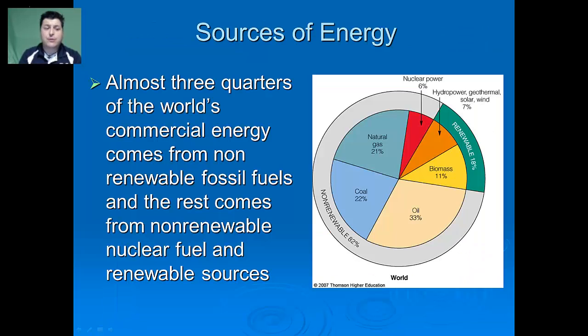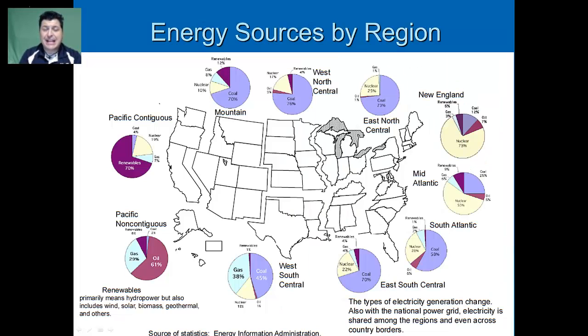Now, almost 3/4 of the world's commercial energy comes from non-renewable fossil fuels, where the rest will actually come from non-renewable nuclear fuel and then other renewable resources. Energy use in the United States actually varies quite a bit by region and what's available to that region. For example, New England and Mid-Atlantic states rely pretty heavily on nuclear fuel, whereas the South Atlantic, South Central, and most of the Central and Mountain states are going to rely more heavily on coal because they have coal resources where they are.